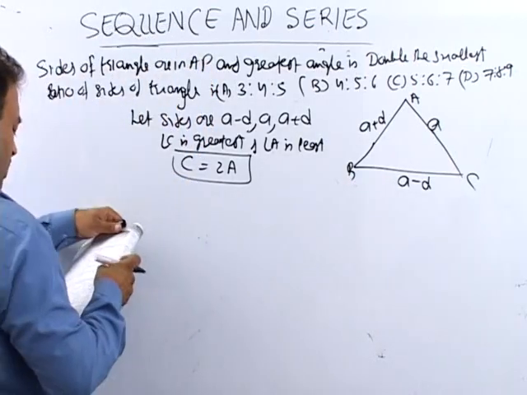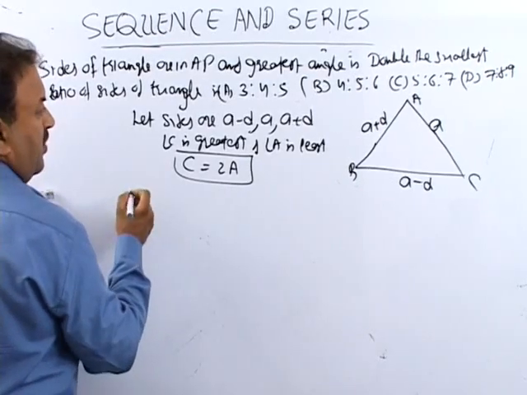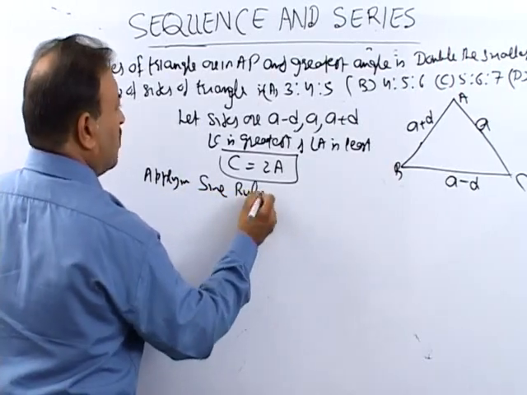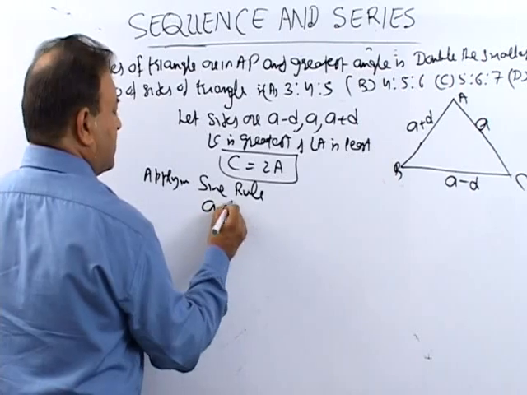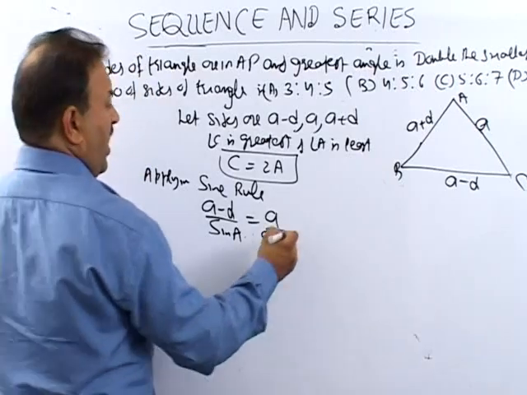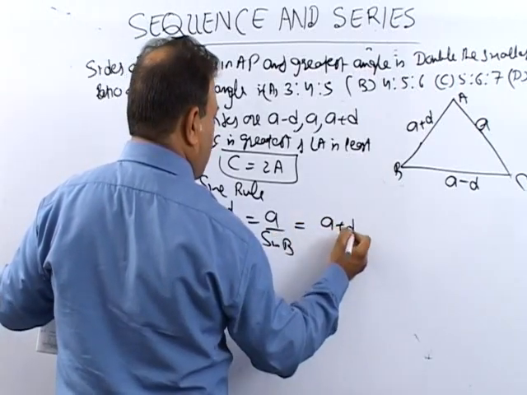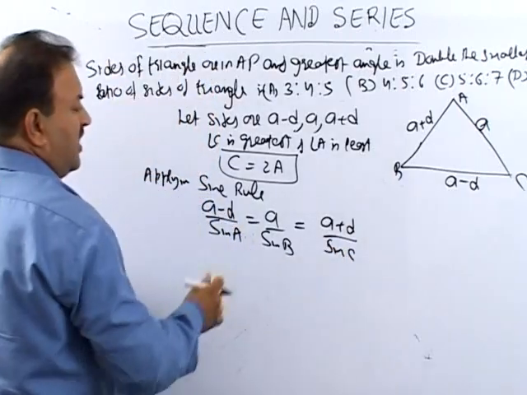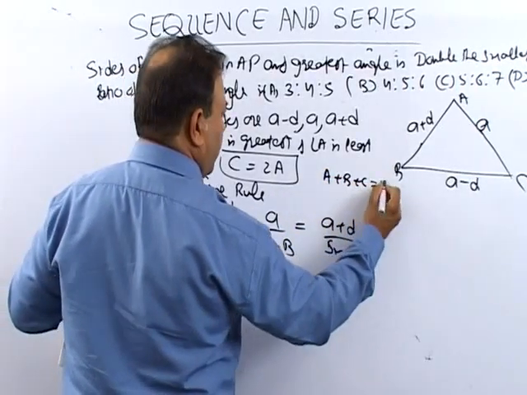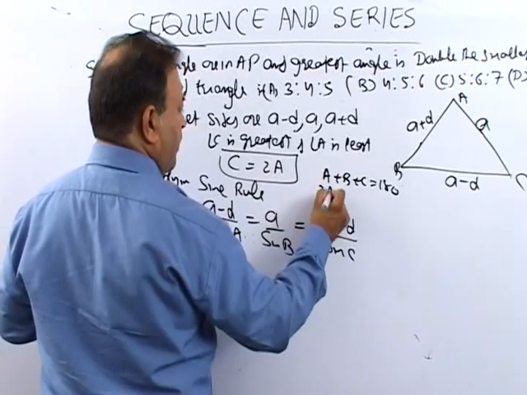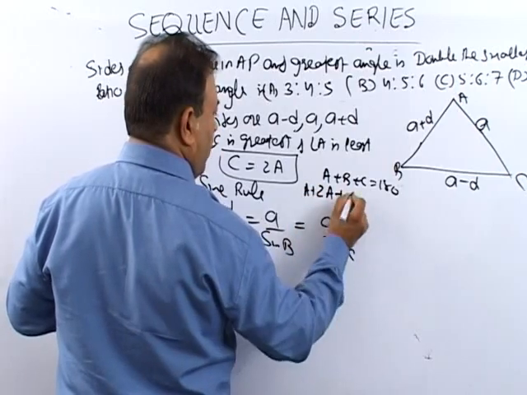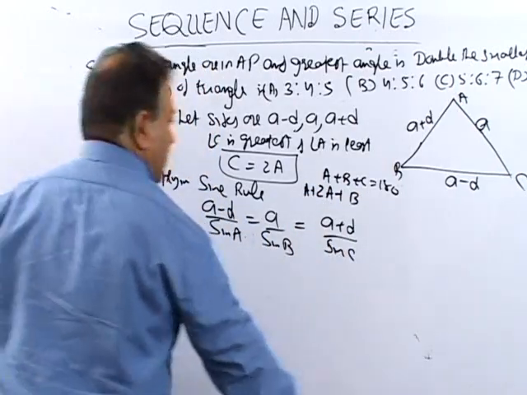Applying the sine rule: a minus d upon sine A, equals a upon sine B, equals a plus d upon sine C. We know that A plus B plus C is equal to 180, and in place of C we can write 2A. So A plus B plus 2A is 180. Once again I am writing it down over here.